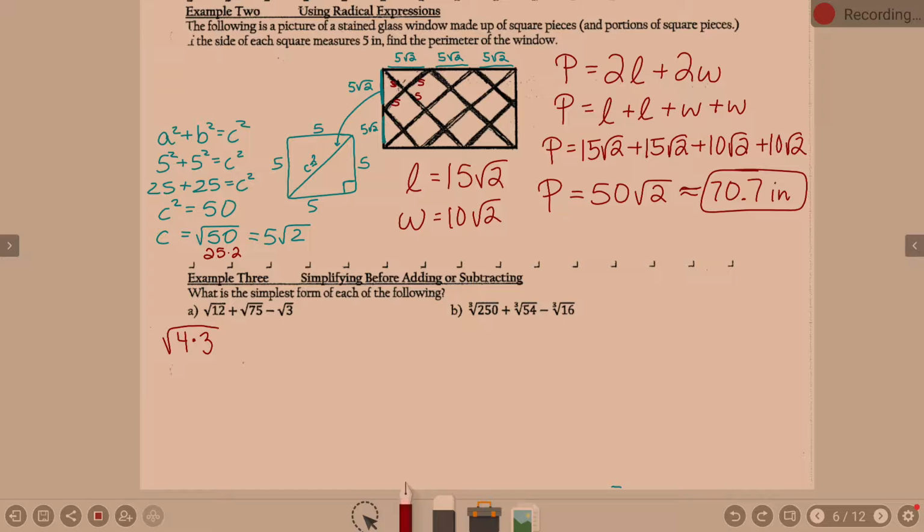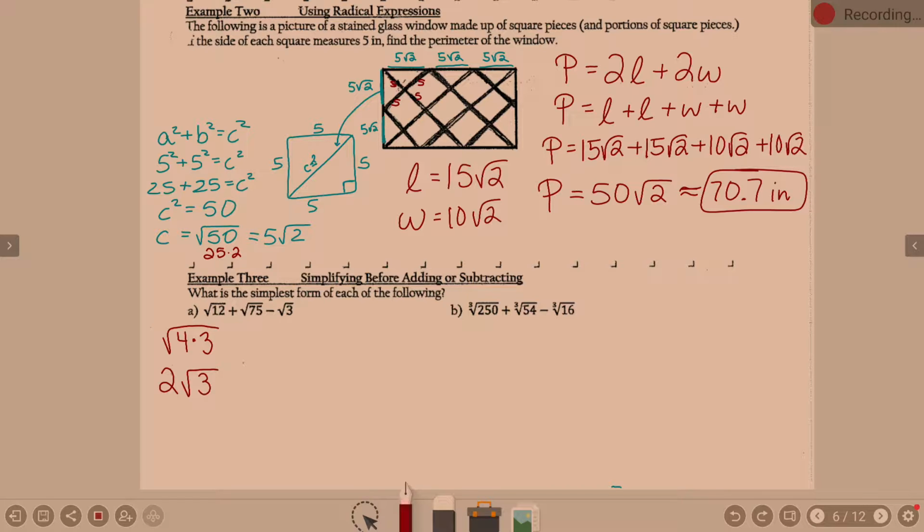I looked for 12, it divided by 4. My calculator told me if I don't remember. Now, what do you know about the square root of 4? It's 2. And where do I put that 2? Outside the radical. So I have a 2 outside, and then square root of 3. Okay, that's that one.